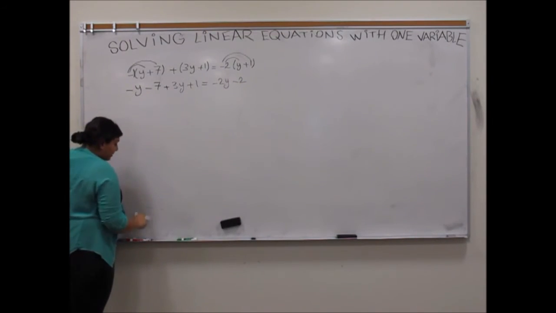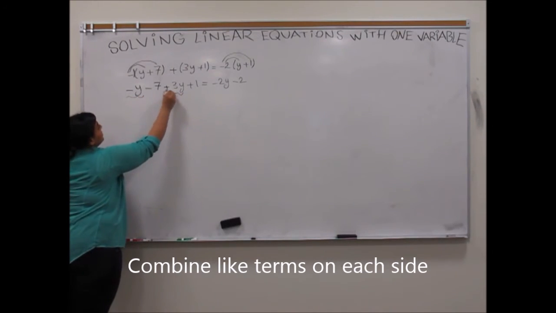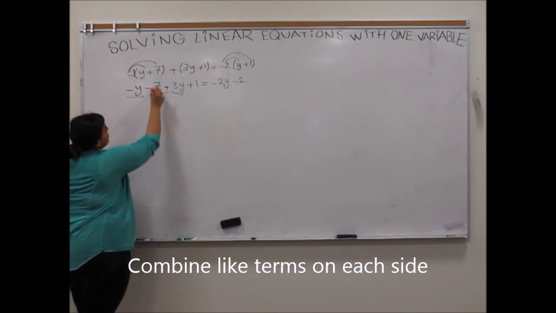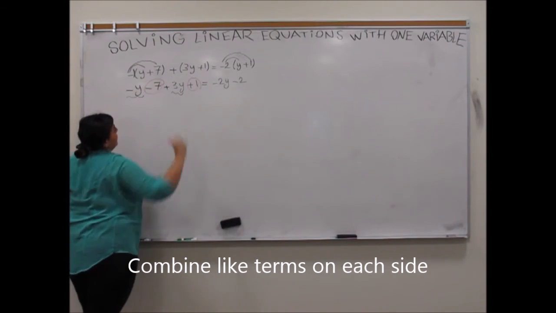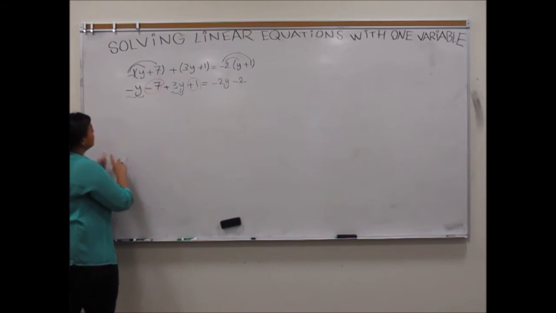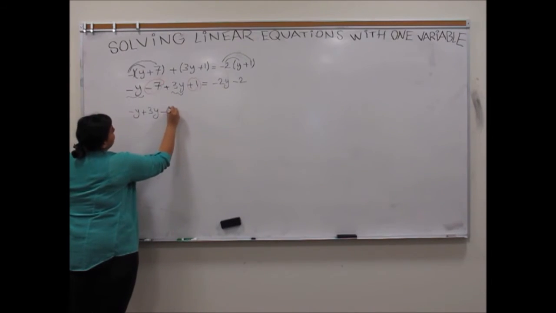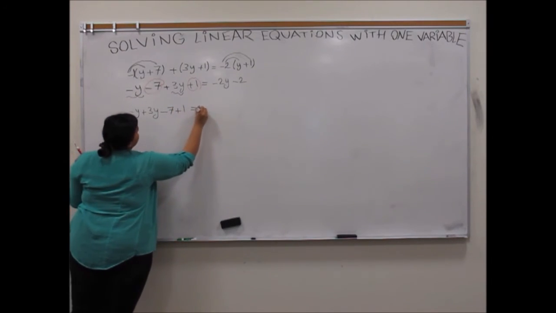So again, combining like terms. So this negative y and this 3y are the same, and this negative 7 and 1 are the same. In the right side, there is nothing to combine. So I'm going to write negative y plus 3y, and then negative 7 plus 1.